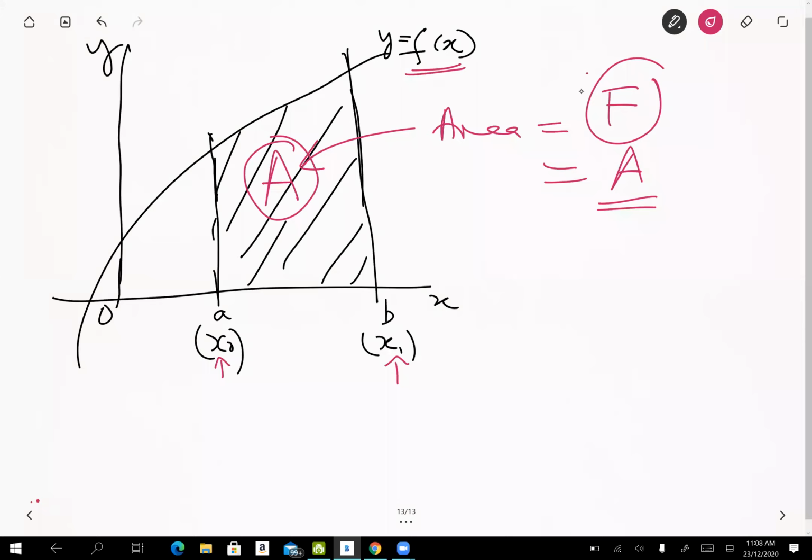That will be a value, and that is the area under the curve of f of x between x equal to a and x equal to b. So basically AB is the interval, from A to B. Okay, based on this, everybody understand?